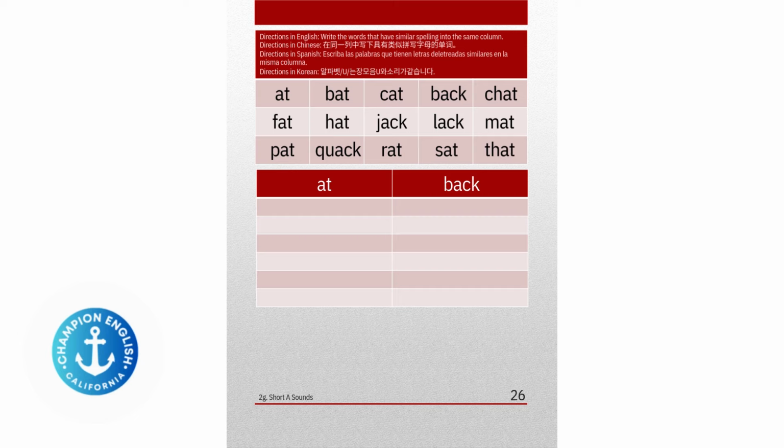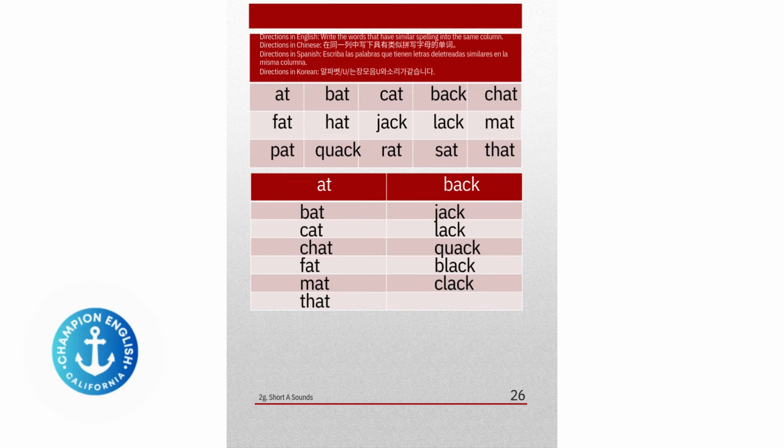Chat into the first column, fat, first column, hat, first column, jack, second column, lack, second column, mat, first column, pat, first column, quack, second column, rat, first column, sat, first column, and that, first column. Good job, students.